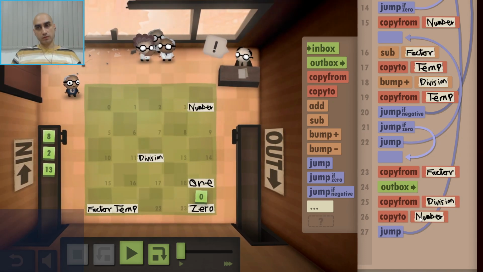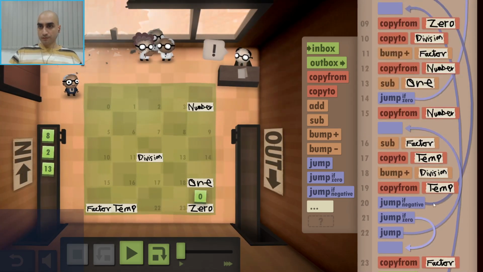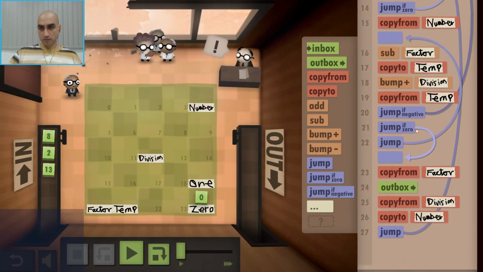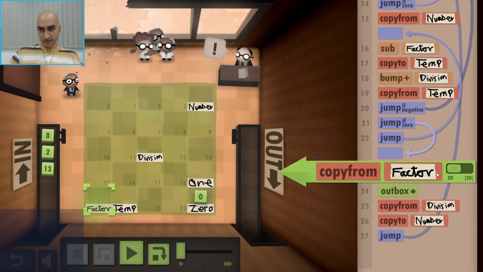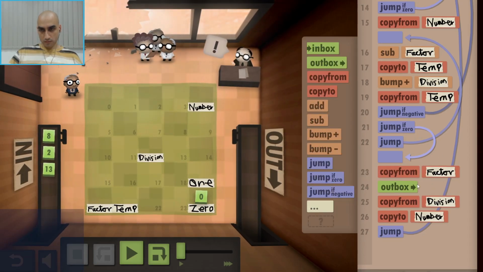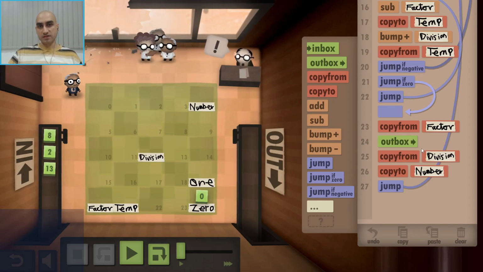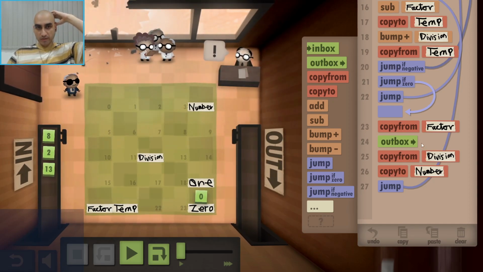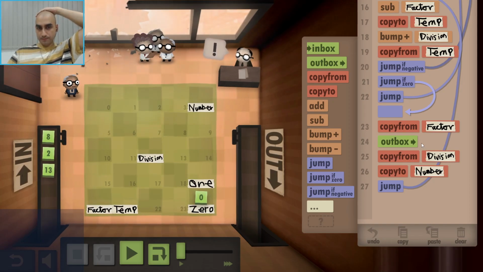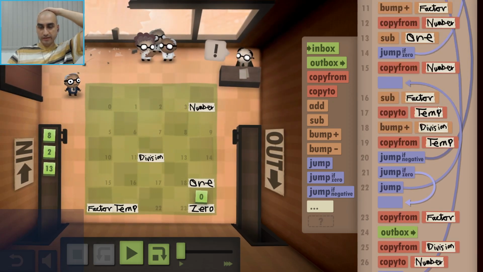So we keep dividing by 2 until... So we don't change the factor. So if we found a factor, we output it. Alright, so from here, we have to have a new loop, where we keep dividing number by 2 until there are no more 2s. We can't do it up here because it's sort of interfering with that stuff.